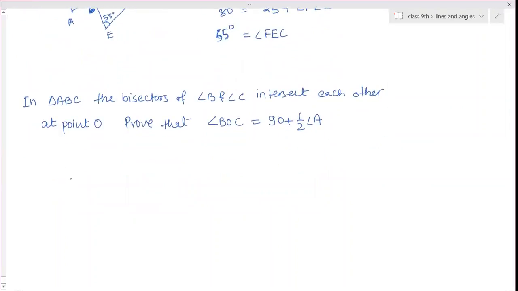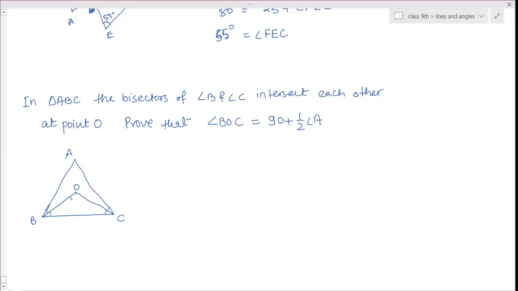So here, in triangle ABC, A, B, C. The bisectors of angle B and C. So this is a bisector and this is a bisector. They meet at point O, intersect at point O. So these are the bisectors.